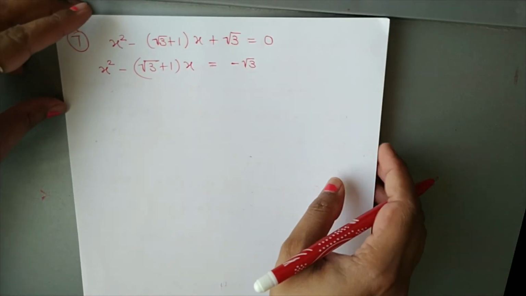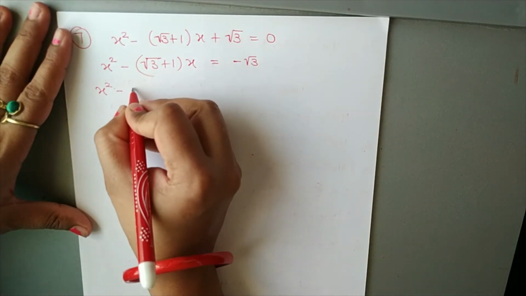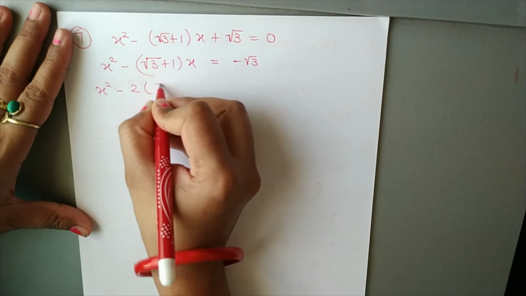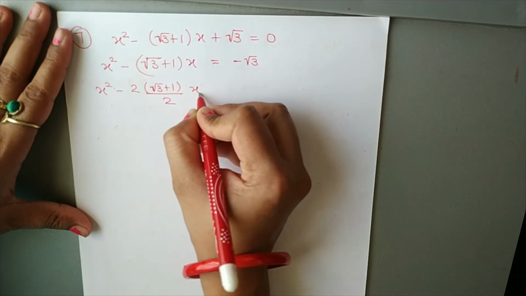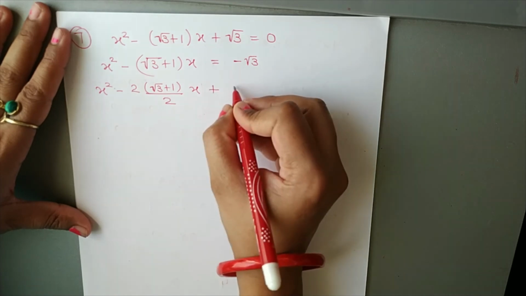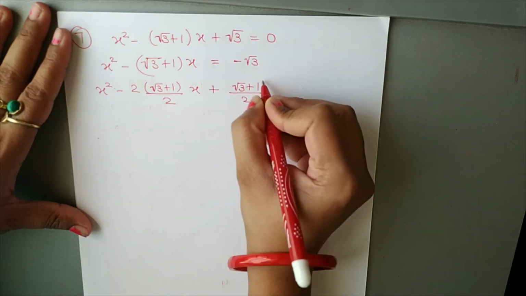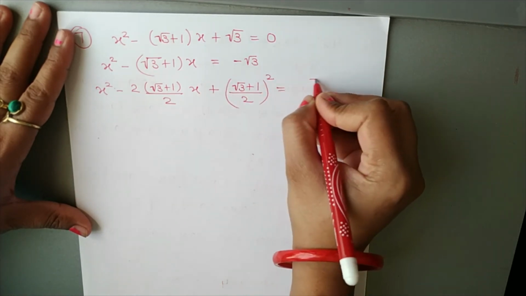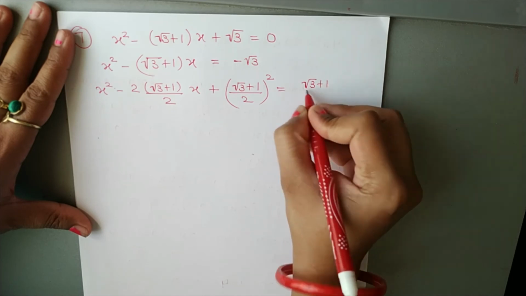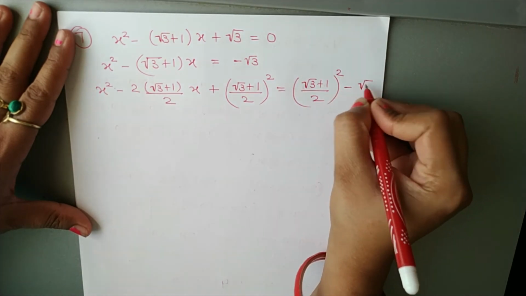Then it can be written as x² − 2((√3 + 1)/2)x, plus ((√3 + 1)/2)², equals ((√3 + 1)/2)² − √3.